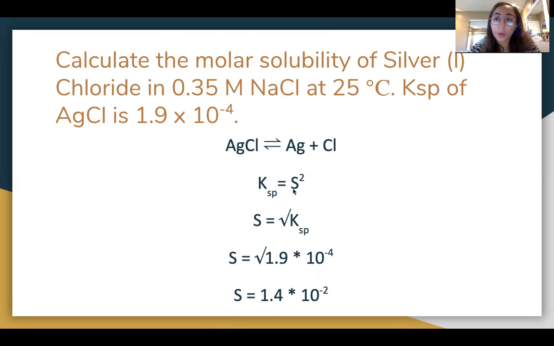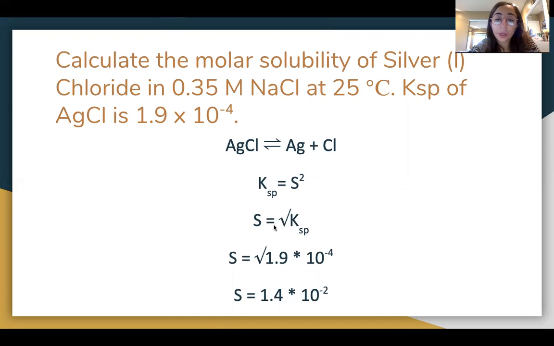The way we do that is we take the square root of both sides to get S equals the square root of Ksp. A trick that I like to use in order to minimize my errors in math is to first solve the problem using the algebraic variables, and then plug in numbers, to make sure that I have everything right first.